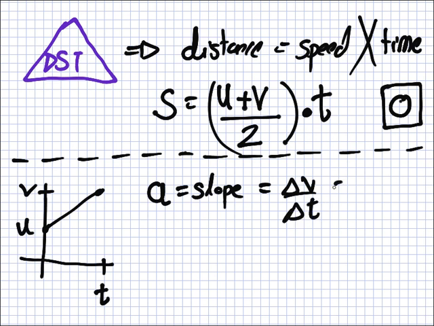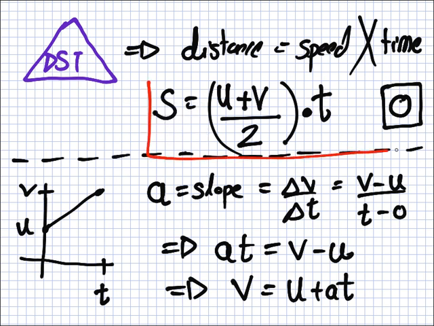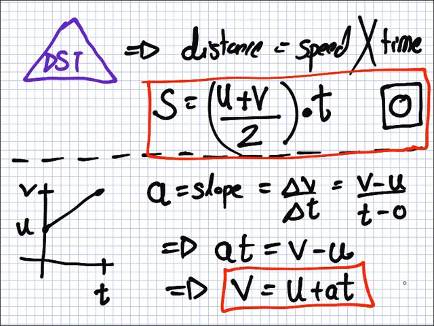Whatever way you think about it. That's equal to V minus U over T minus 0. We can rewrite that as AT equals V minus U, which means V equals U plus AT. I'll just put this in a box. This is our next formula, formula 1.